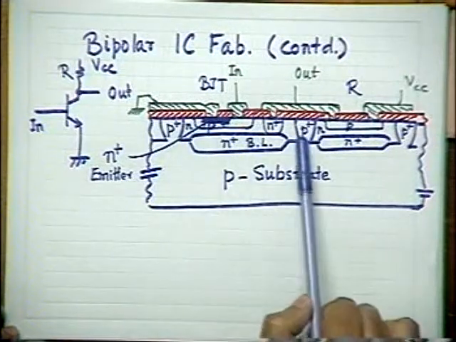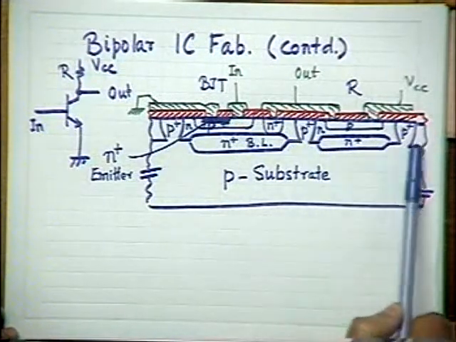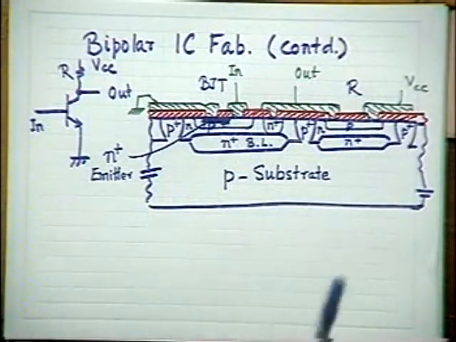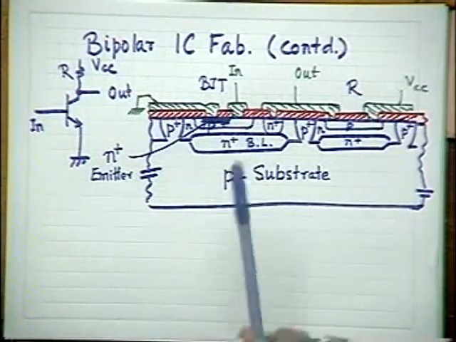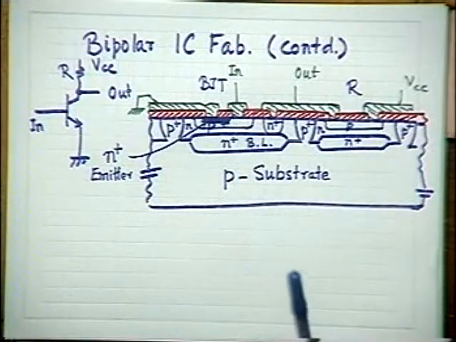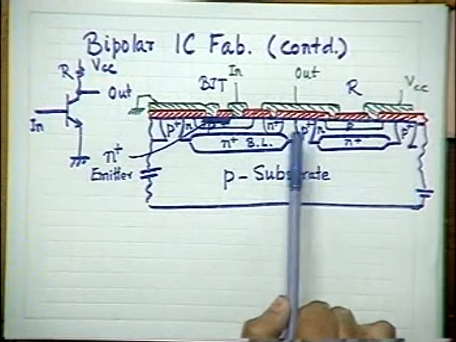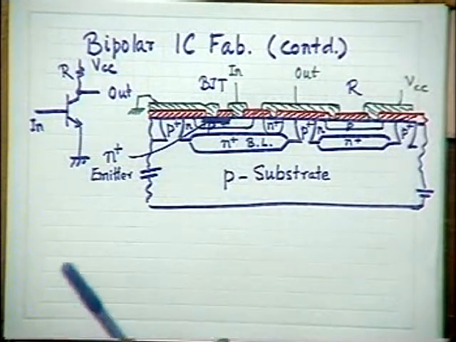Within this N-type island, there are isolation regions surrounding, which electrically isolate the different tubs or wells. In this particular N-type well, we have developed the BJT by successively doing the different diffusion steps.